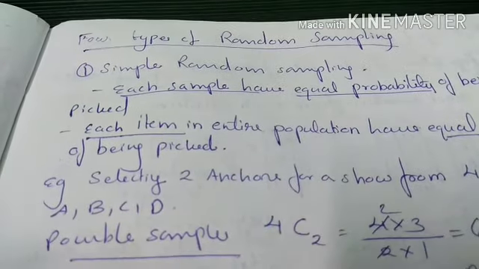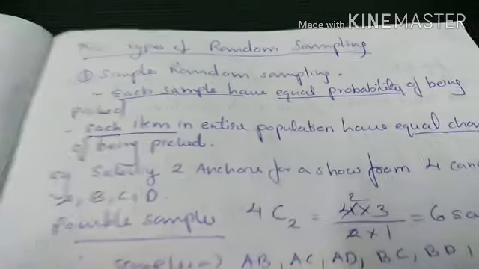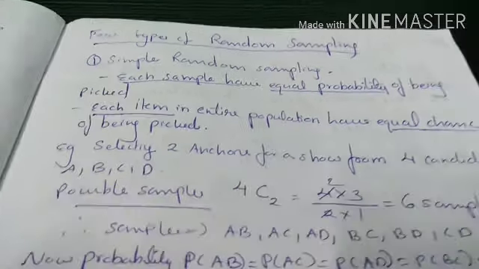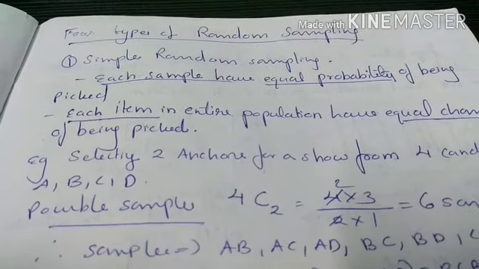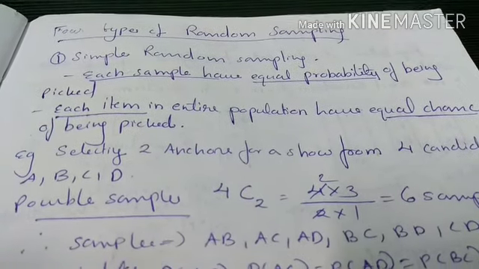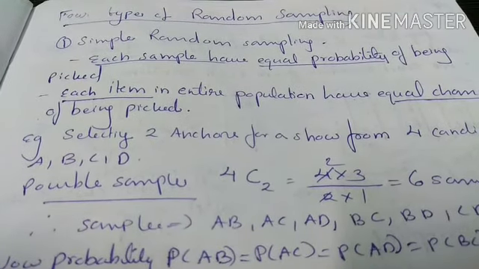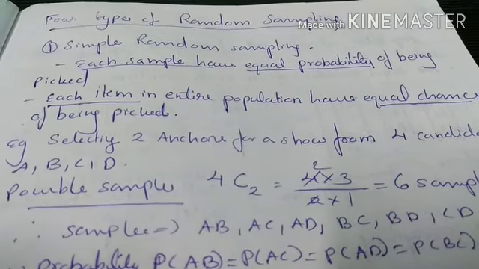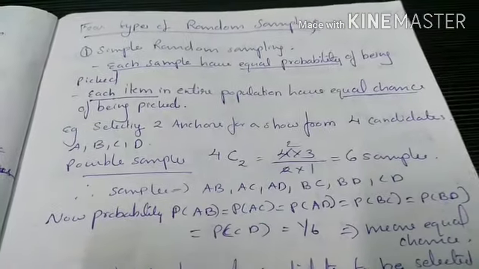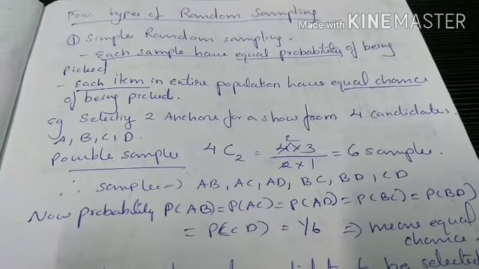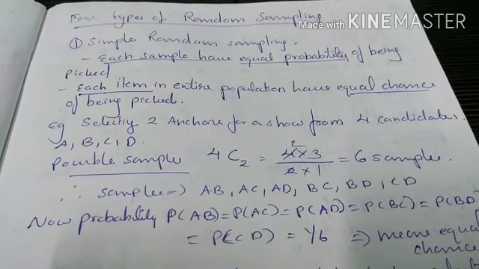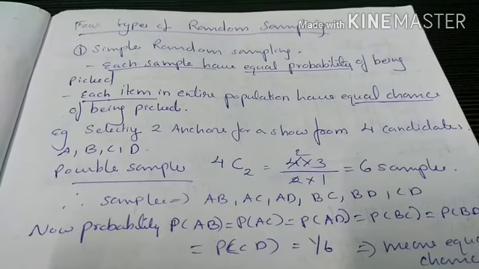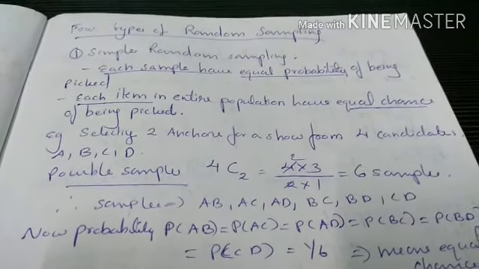There are 4 types of random sampling. First one is simple random sampling. Here, each sample has an equal probability of being picked. Each item in the entire population has an equal chance of being picked. For example, selecting 2 anchors for a show from 4 candidates A, B, C, D. The number of possible samples is derived by 4C2, that is 4 into 3 by 2 into 1, equal to 6 samples.